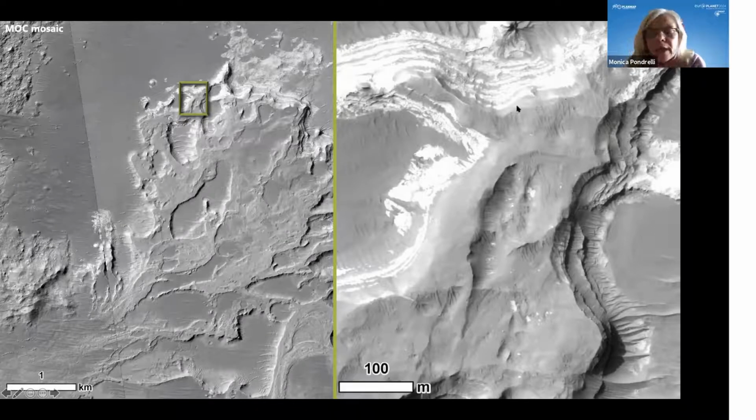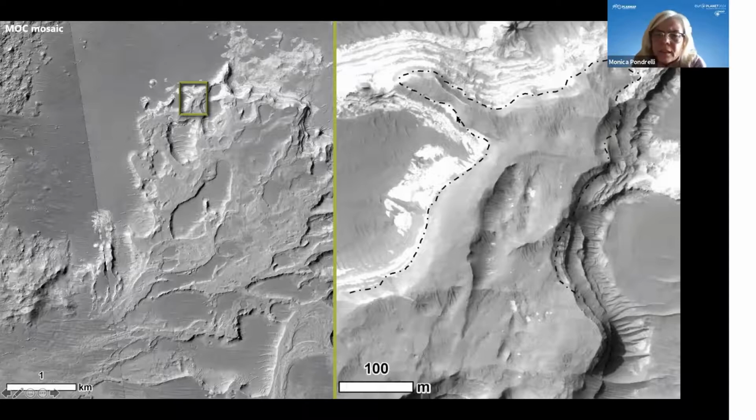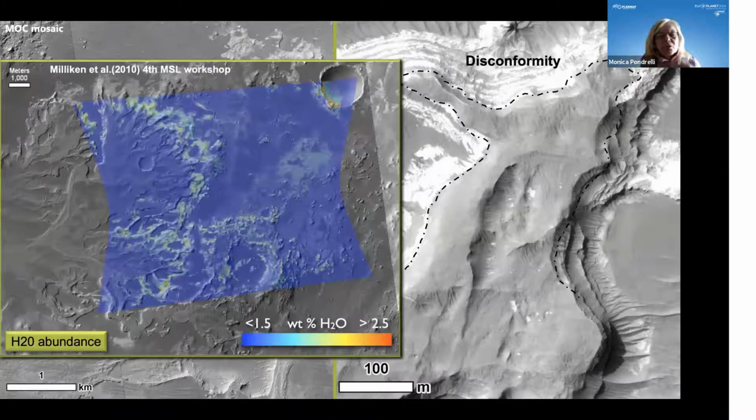It doesn't always cover the same horizon. It means that this level is a disconformity. It means that there is time between the deposition of the light tone unit and the dark unit, and in this time there was erosion and non-deposition. It means that these two units are two different parts of Mars geological history.